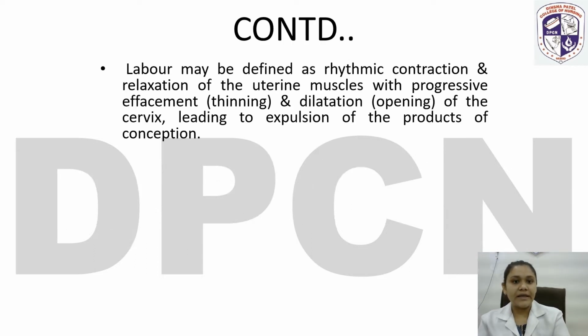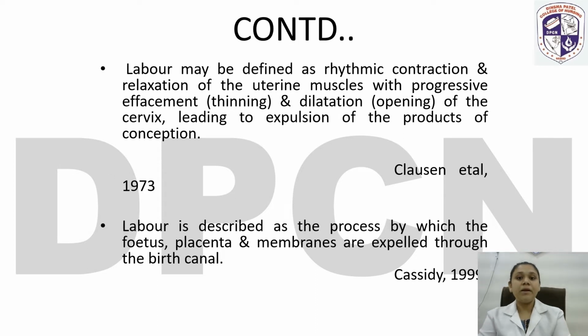Another definition: labor may be defined as a rhythmic contraction and relaxation of the uterine muscle with progressive effacement. As we know, effacement is a thinning out of the layer, or cervical dilatation may happen, and dilatation means opening of the cervix, leading to expulsion of the products of conception, right?